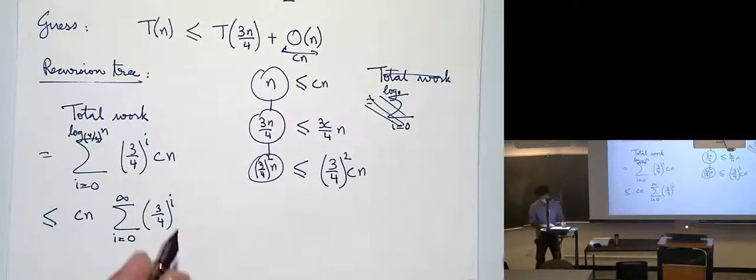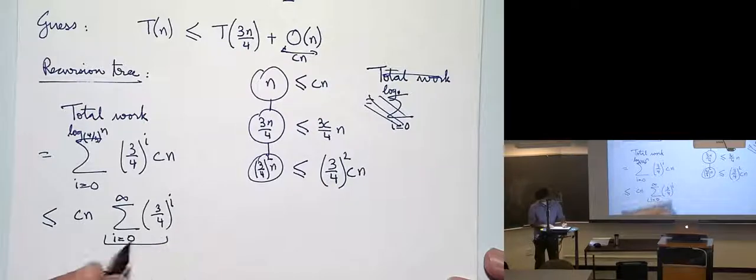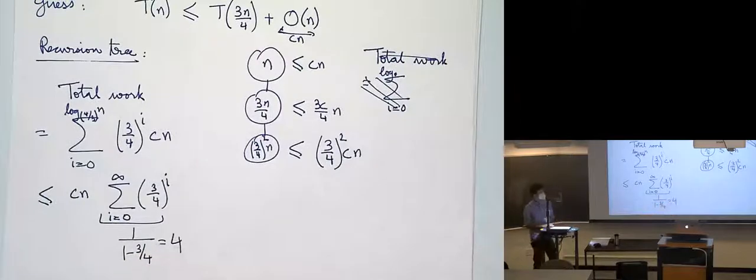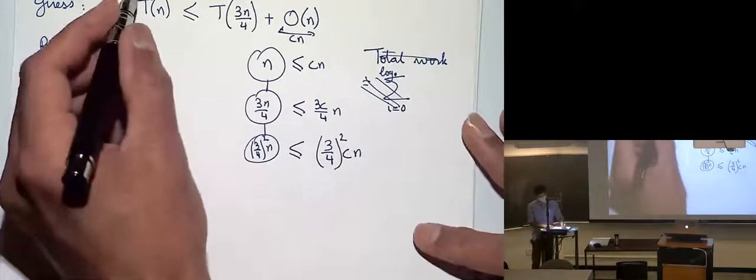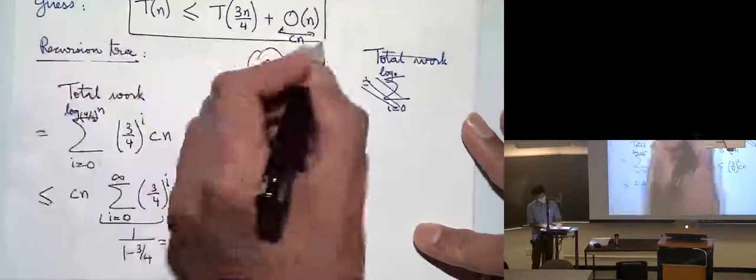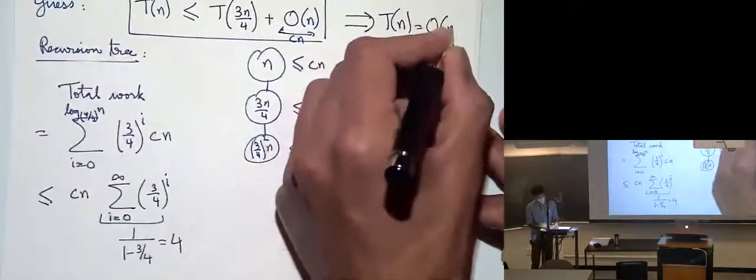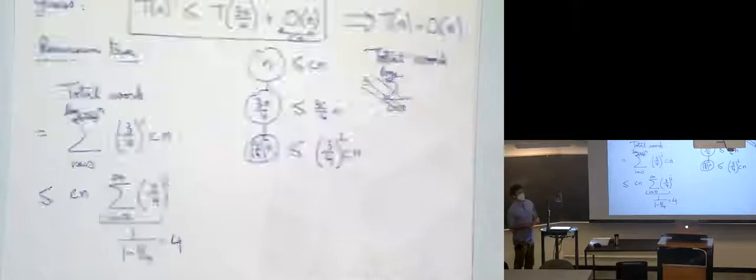This is 1 divided by 1 minus 3 over 4, which is equal to 4. So when you have a recurrence of this form, this implies that T of n is O of n. So linear.